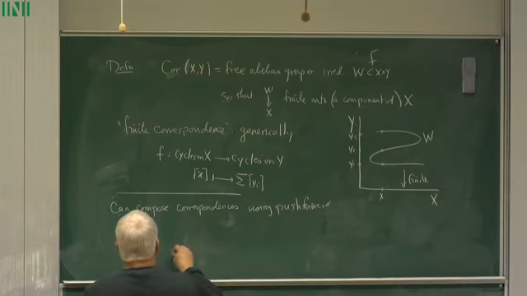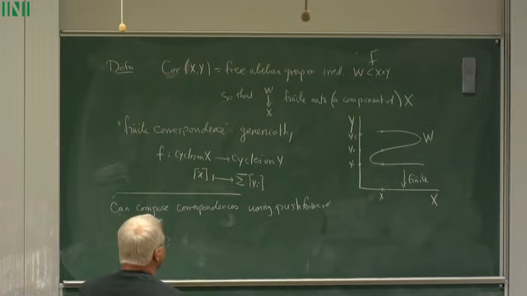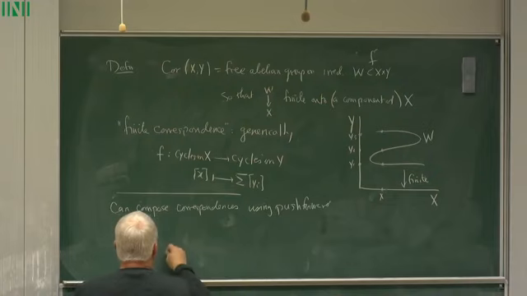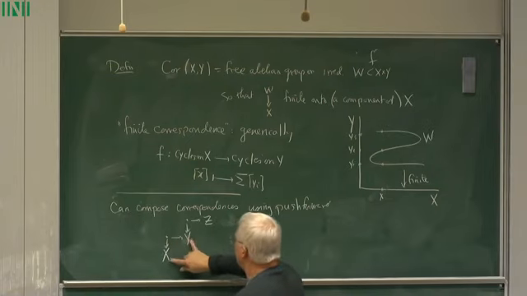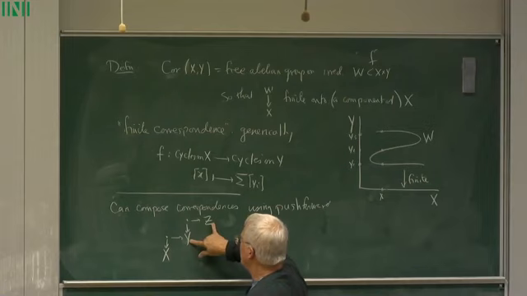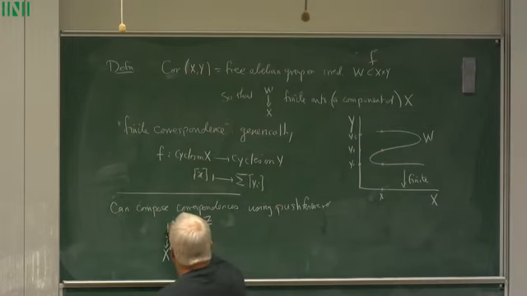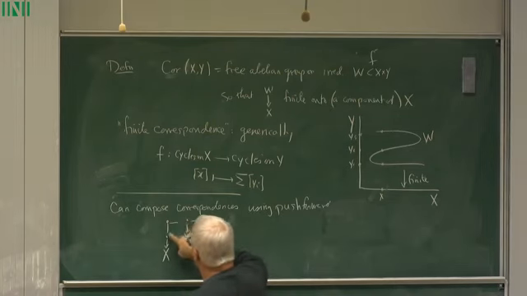So if I have a cycle from X to Y and I have a cycle from Y to Z, then I can take the intersection of these. I take this cycle and pull it back.